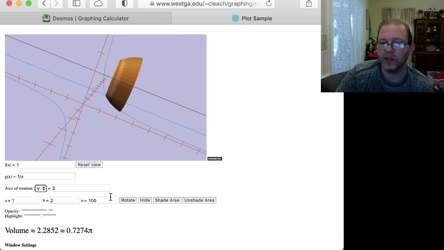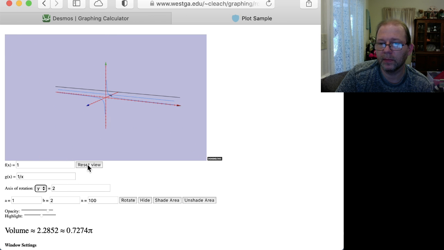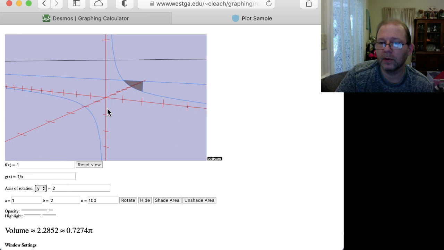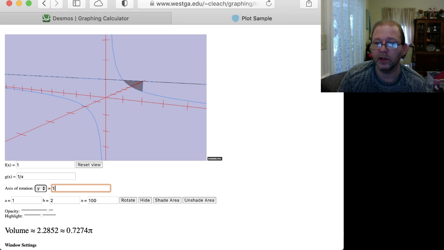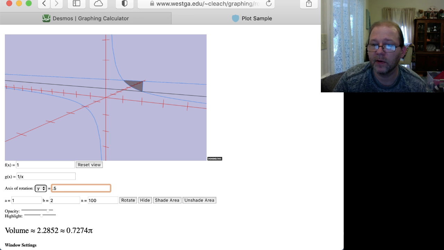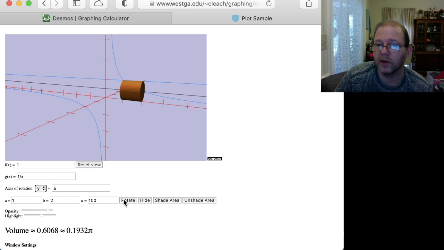And if we rotated around something below, let's say y equals 1/2. If we do that, we get this.